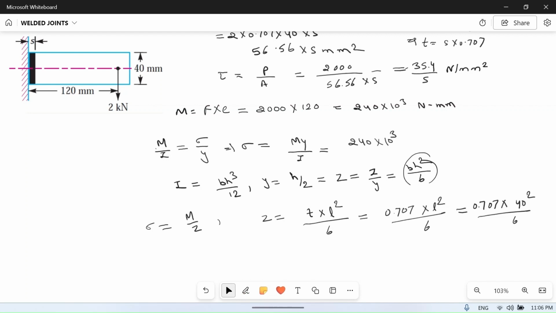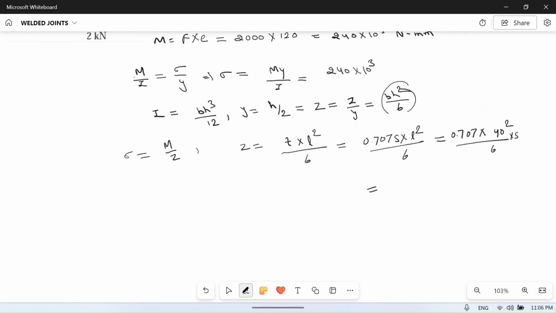If you calculate it, with this S, this is 188.53 S, mm cube.